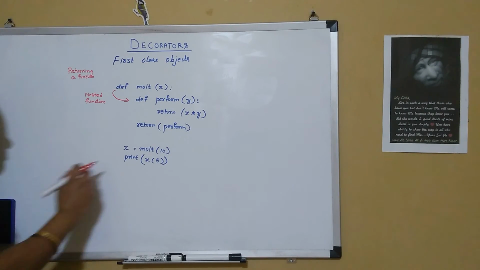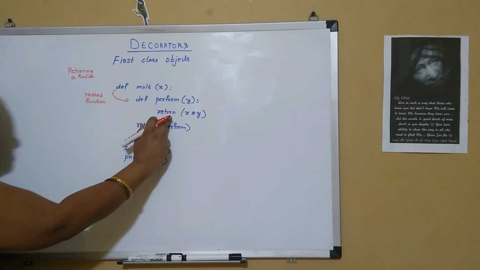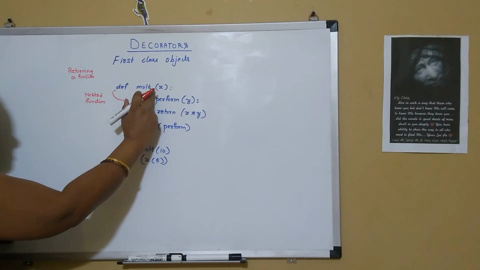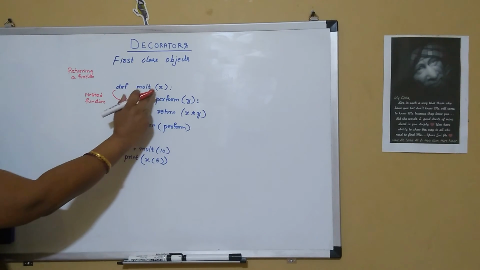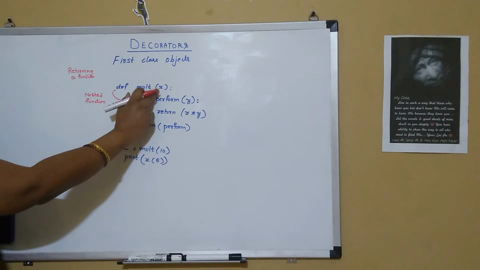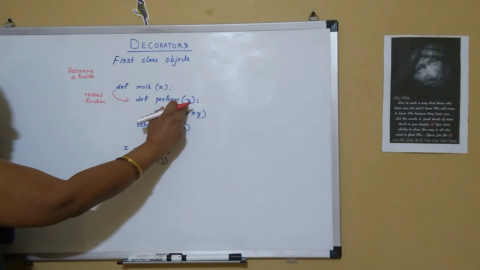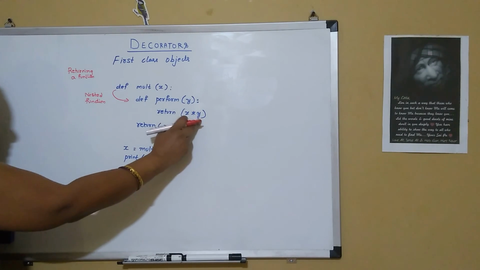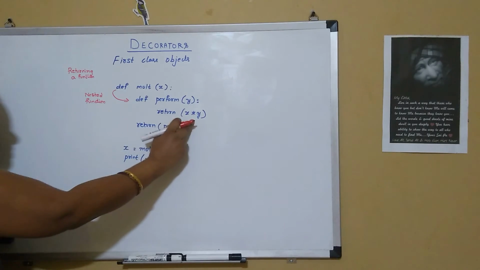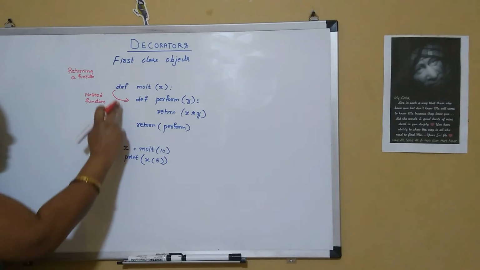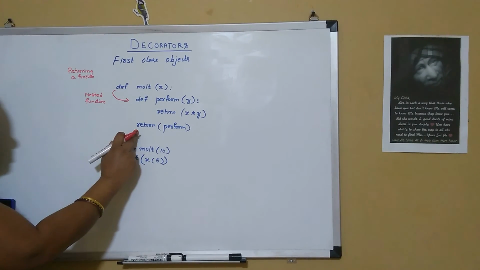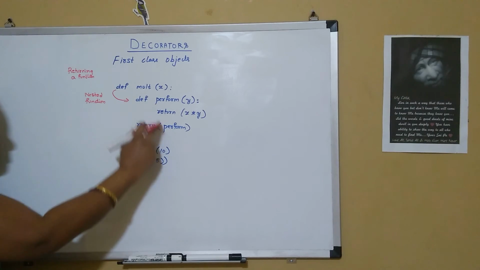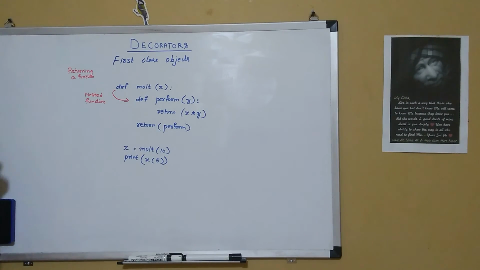And it is returning x into y. So that is the outer function variable, that is the enclosing function variable, into this particular function's variable. It is multiplying and returning that value. And now the main function, the outer function, is returning the inner function, that is perform.